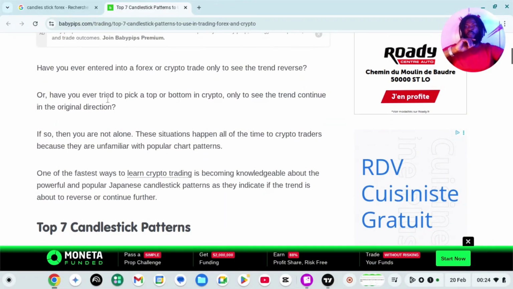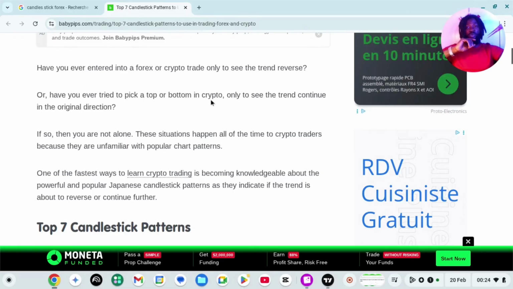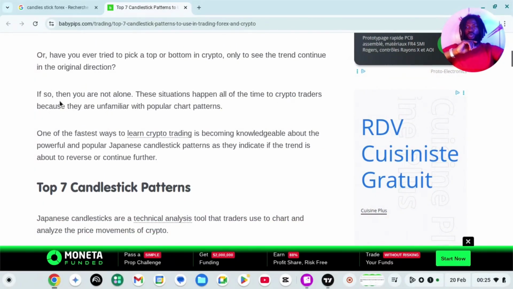Or have you ever tried to pick a top or bottom in crypto only to see the trend continue in the original direction? It's also a question. If so, then you are not alone. This situation happens all of the time to crypto traders because they are unfamiliar with popular chart patterns.